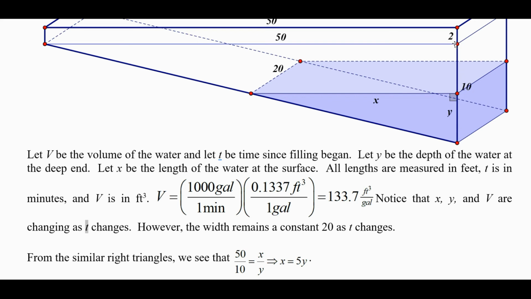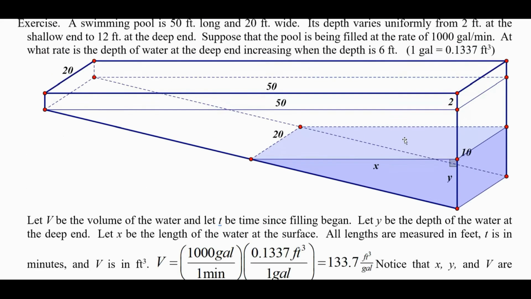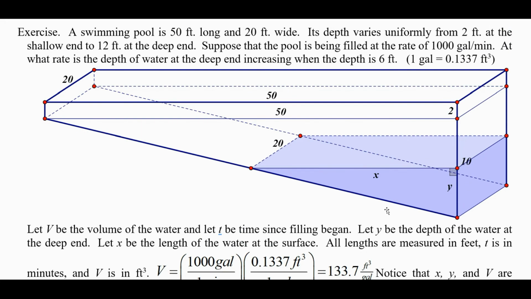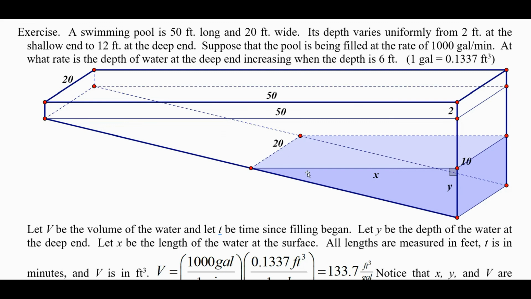Oh, this 10 is the length here, from top to bottom. And this point here is at 6. So 50 over 10 is 5. Solve for X: X equals 5 times Y. So X is always going to be 5 times whatever Y is. So when Y is 6, X will be 30.